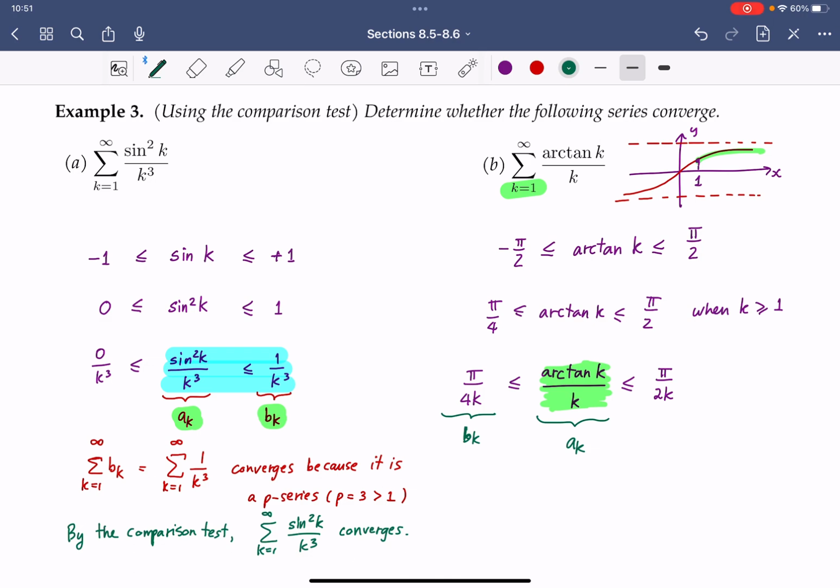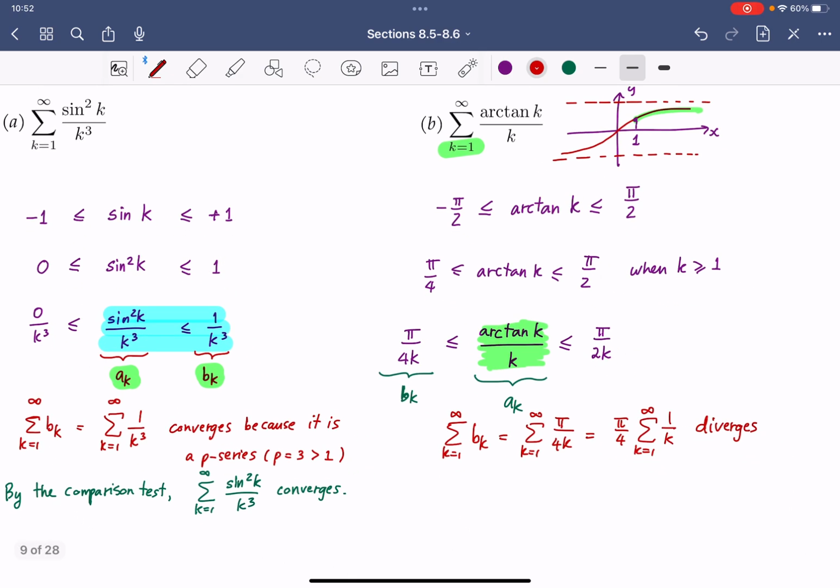Okay, and now let's take a look at the summation of B_K here. This is the summation of pi over 4K, which is pi over 4 times the summation of 1 over K, K starting from 1 to infinity, and this actually diverges. You can say harmonic series, or you can say P series where P equals 1.